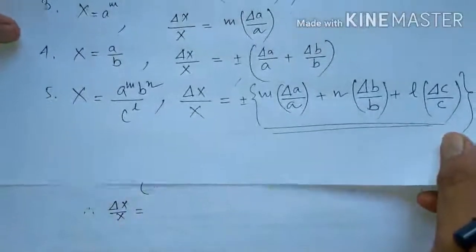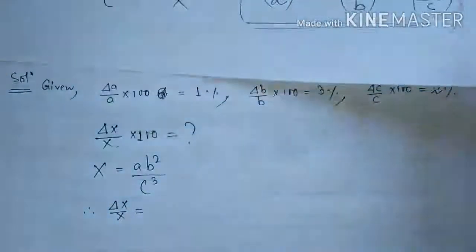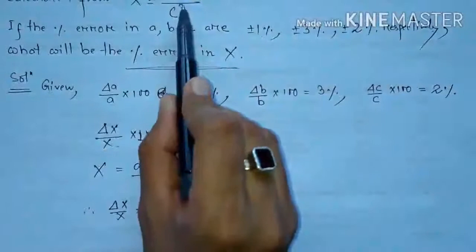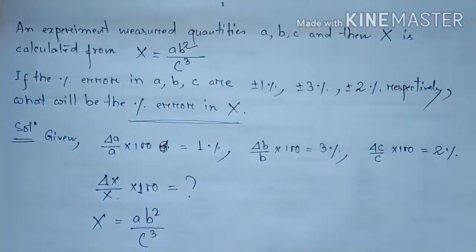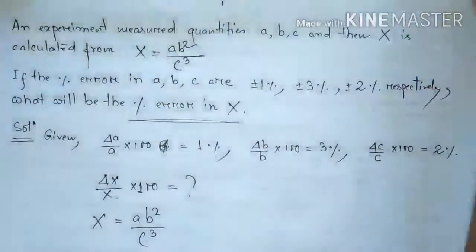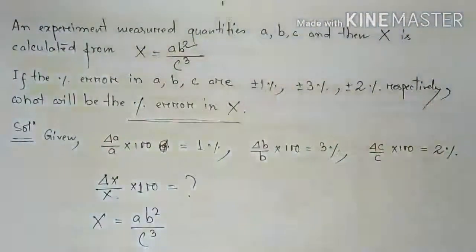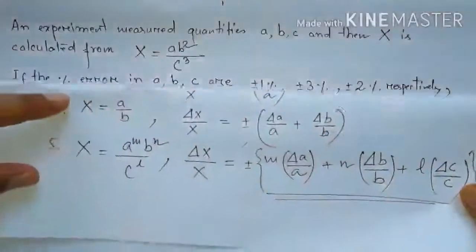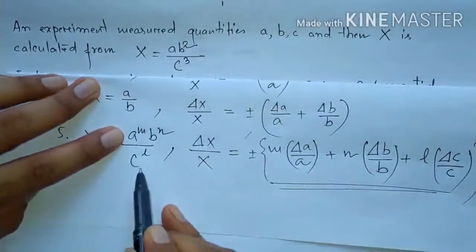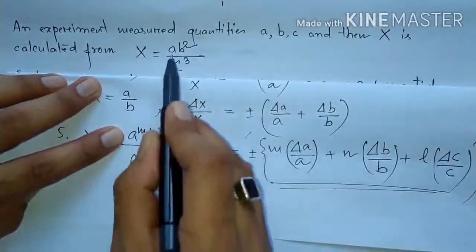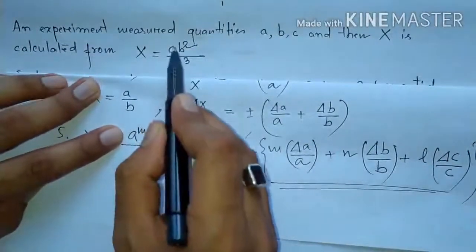In our given question, if we compare these two, which two? Our given expression x equal to a b square by c cube, if we compare this expression with the form x equal to a to the power m, b to the power n by c to the power l, then clearly we see that the power of a is 1 here in our given question.